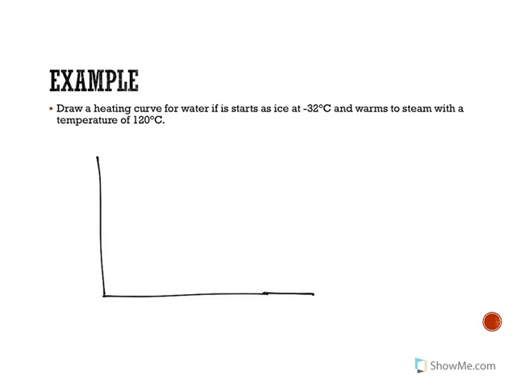We have time on one axis and temperature on our y-axis. And we're starting at negative 32 degrees, so we'll say at the bottom we have negative 32 degrees Celsius. Our water, which is at negative 32 degrees Celsius, is ice.